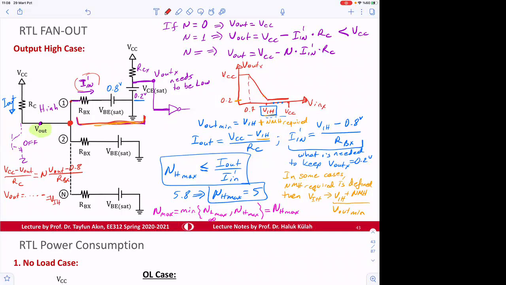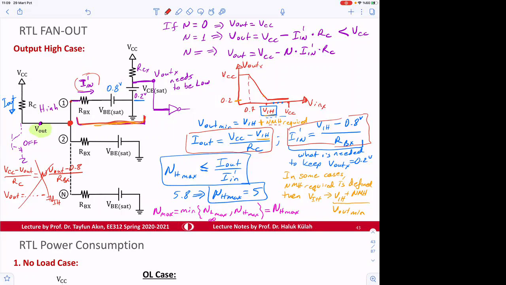So this method is not so good. Don't use this. Use just find I out first, and then find V in high separately, and divide those two to each other. Because that's also good for these kind of cases, noise margin high added cases.